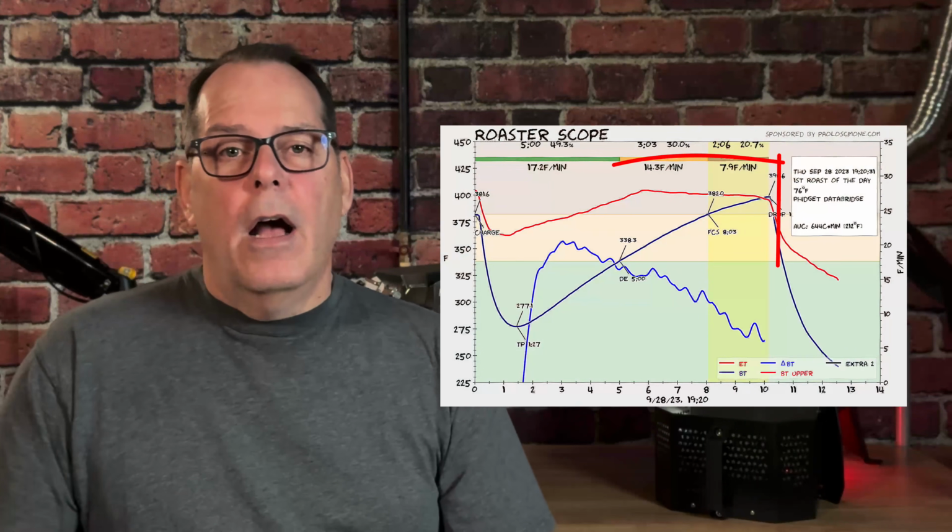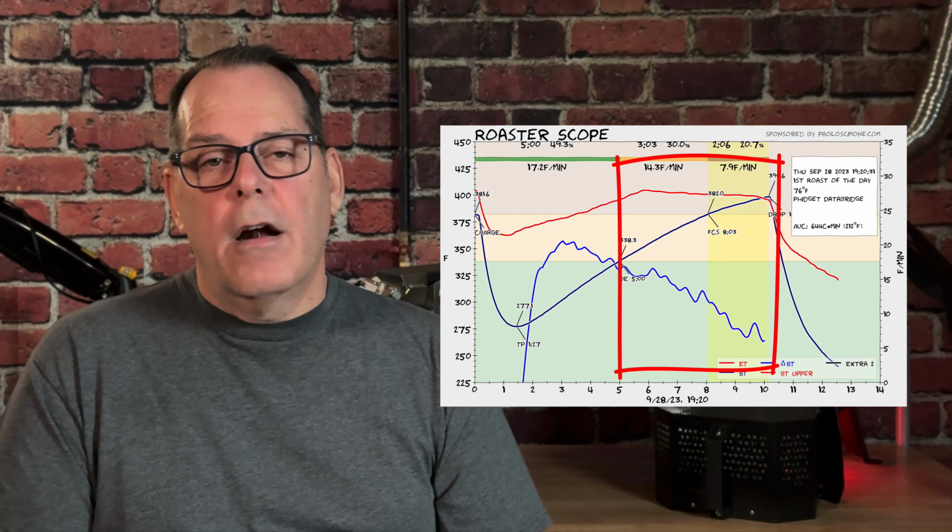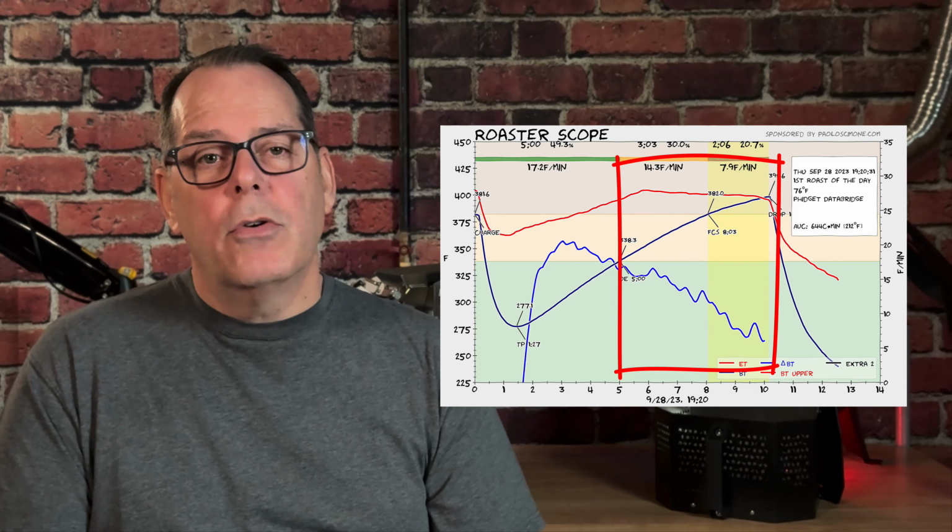But the flavor development, the crafting of the coffee itself is going to be taking place from the end of dry until we drop the coffee. That's going to have an influence on our flavors, and the temperatures that we use to start and finish that roast are going to play a huge role in what our coffee tastes like within that coffee roasting profile.